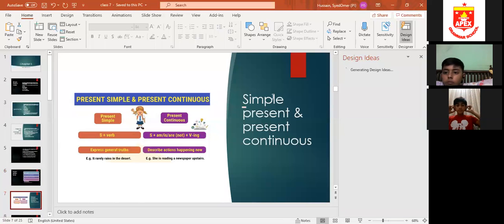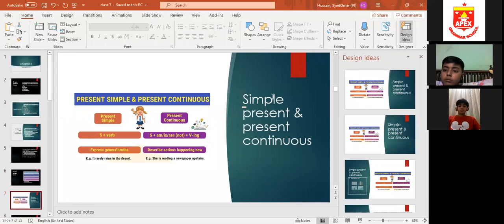Okay. Now look at the difference which I've told you. Simple present and present continuous. In this slide, simple present: subject plus verb, s or es. Present continuous: subject plus am, is, are, not, first form of verb with ing. It rarely rains in the desert. She is reading a newspaper upstairs. So, simple present tells about general truth, universal truth, our habits, and our routine.